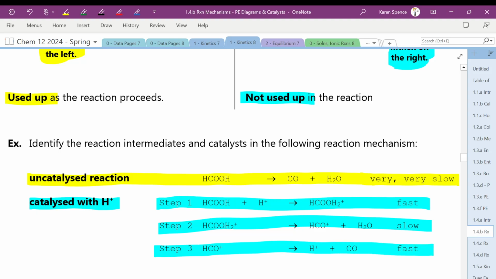So we started with a 1-step uncatalyzed reaction. Now we have a 3-step catalyzed reaction, and I would like you to identify any reaction intermediates and catalysts, and then check with your partner and see if they got the same thing as you.